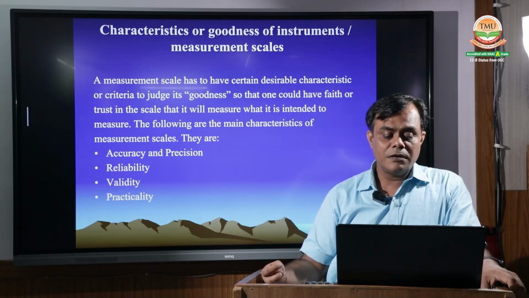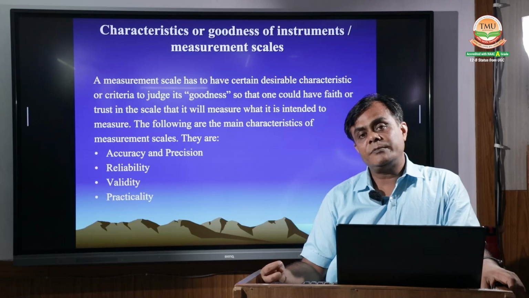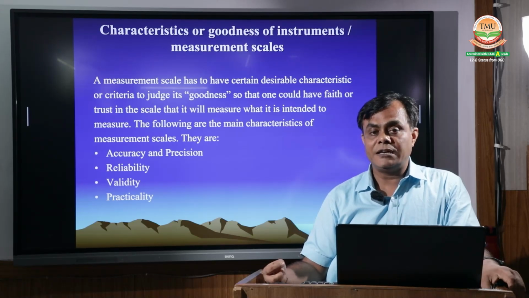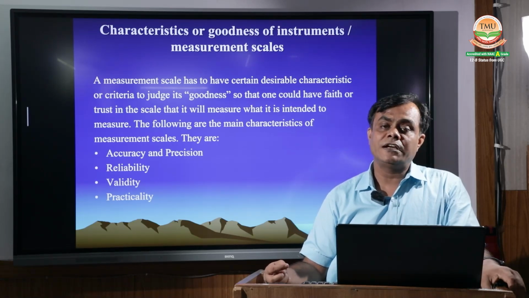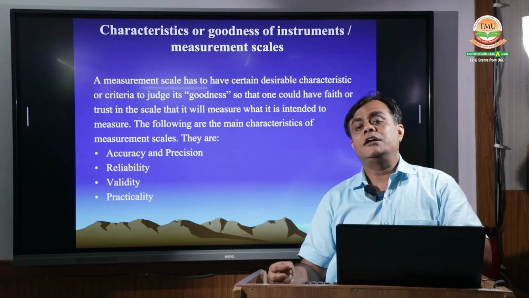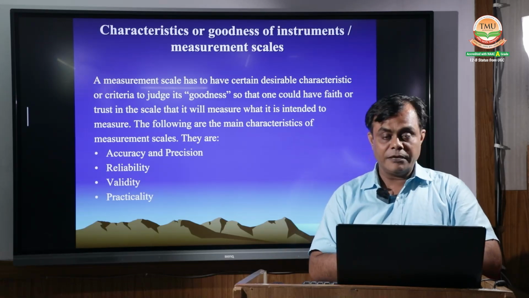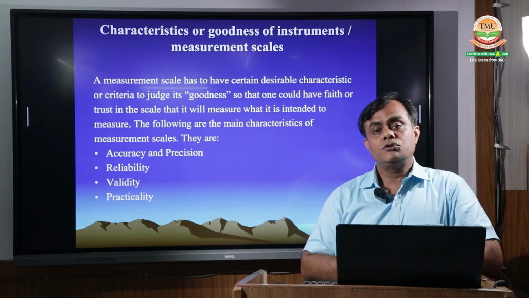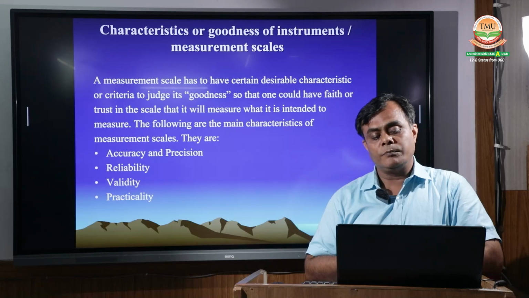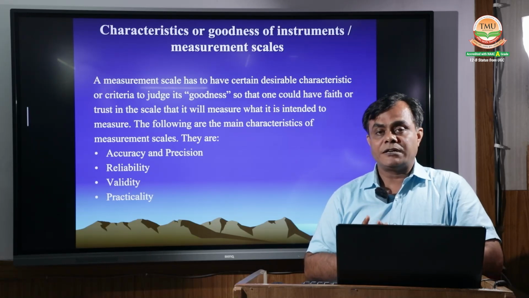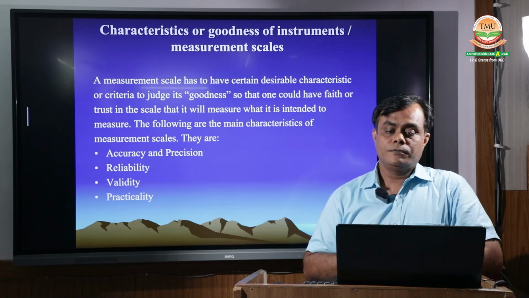And the last one is practicality: do the measurement scales or tools have practicality or not? If they have practicality, then we can use those tools in a better, effective and efficient manner. So tools are also important from the practicality point of view.